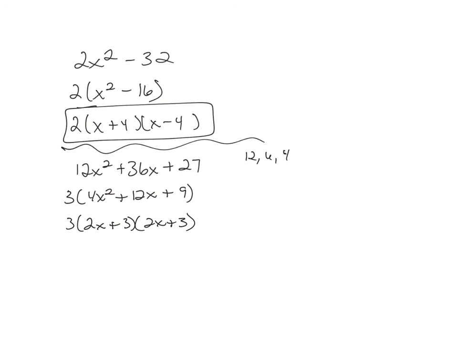So 9 at the end means signs are the same. Well, which sign? This one's positive, so I do both positive. And then you would need to write your answer like that.